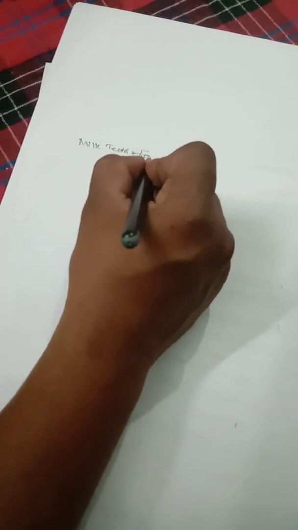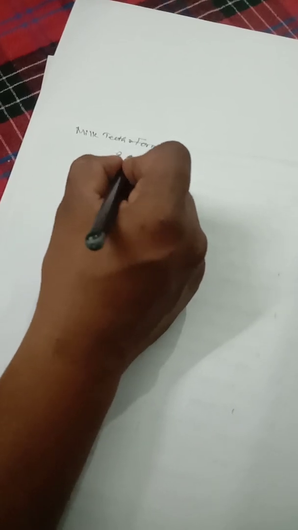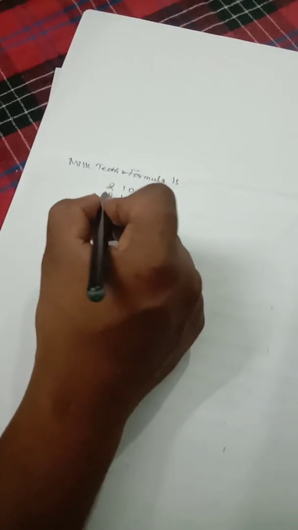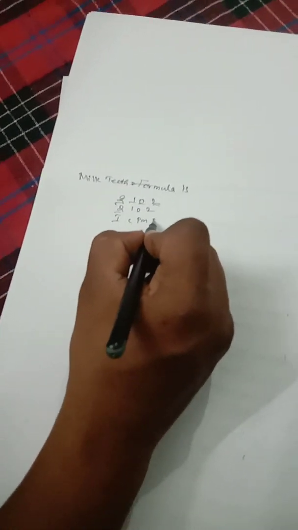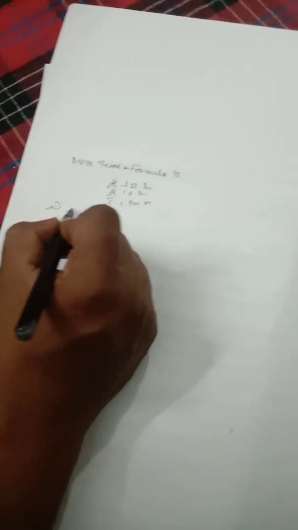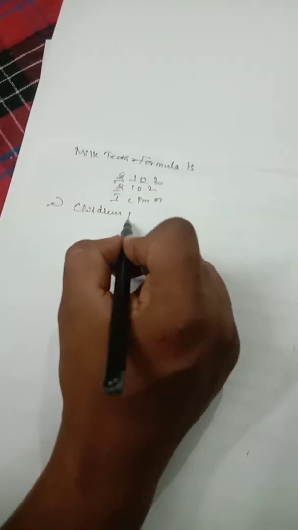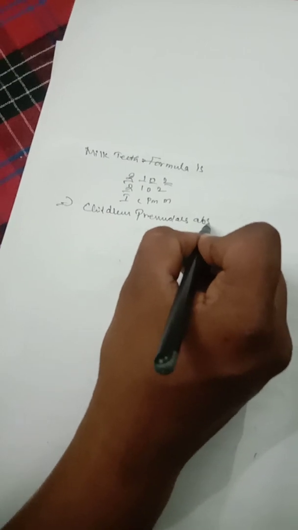The milk teeth formula is 2102 by 2102. What is this? 2102 by 2102 means incisors, canines, premolars, molars. So what you understand from this formula is that in children premolars are absent.